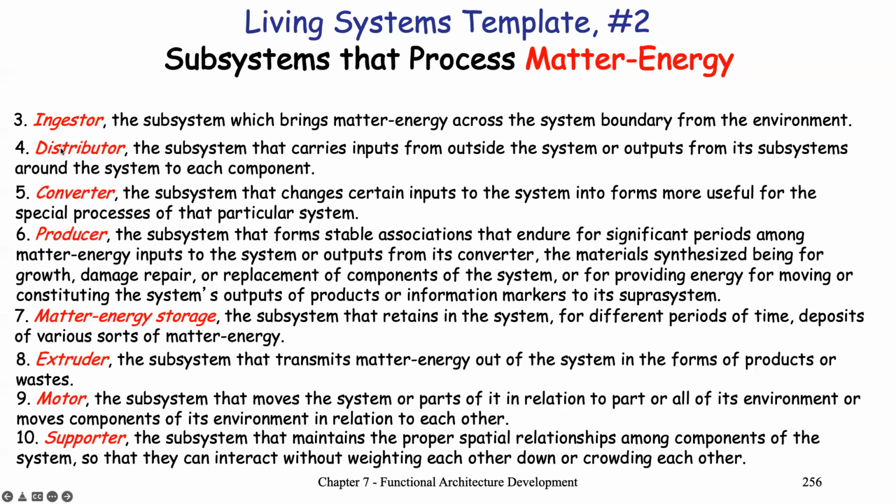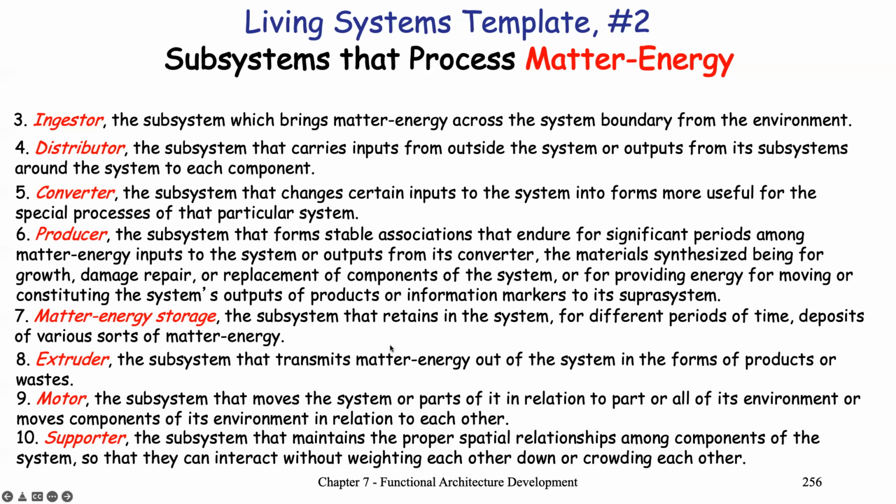And so you have an ingester, you have an ability to distribute, carry it to various parts of the system, you have ability to convert things from one form to another. You're able to produce the things that are necessary. So this could be maybe you need to do repair or growth or replacement of components. Those are all things that would be familiar from what you would think of in a living system.